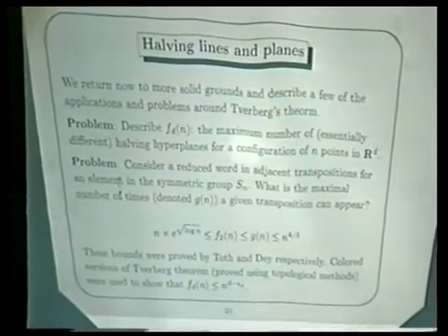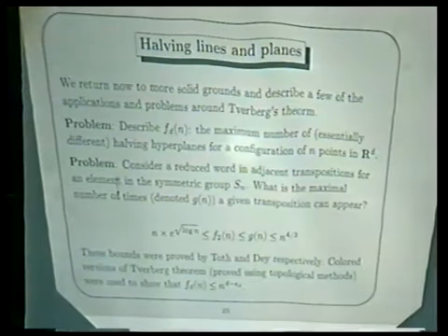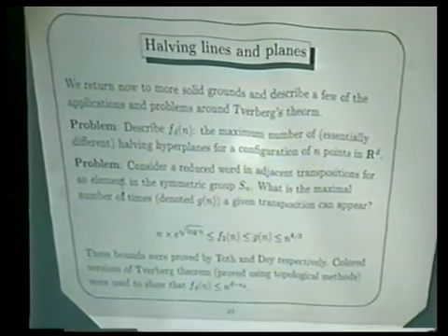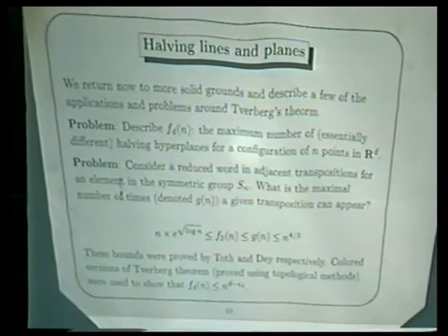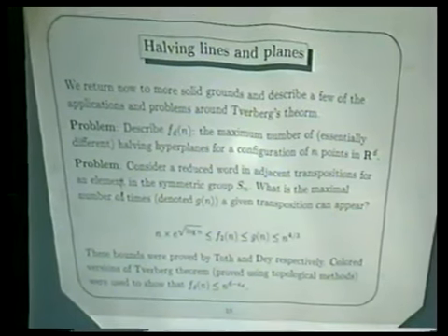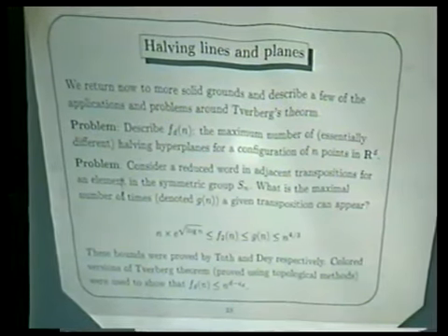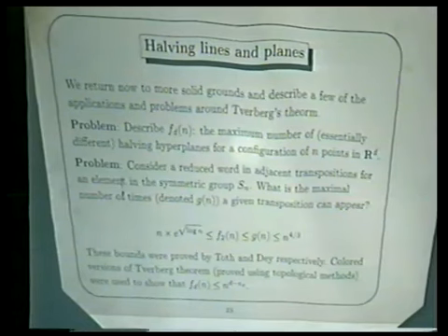But there is a very nice, beautiful combinatorial problem about the number of halving lines in the plane, and more generally halving hyperplanes for a configuration of n points. You have n points in the plane, in how many ways can you split them into two parts by a line?